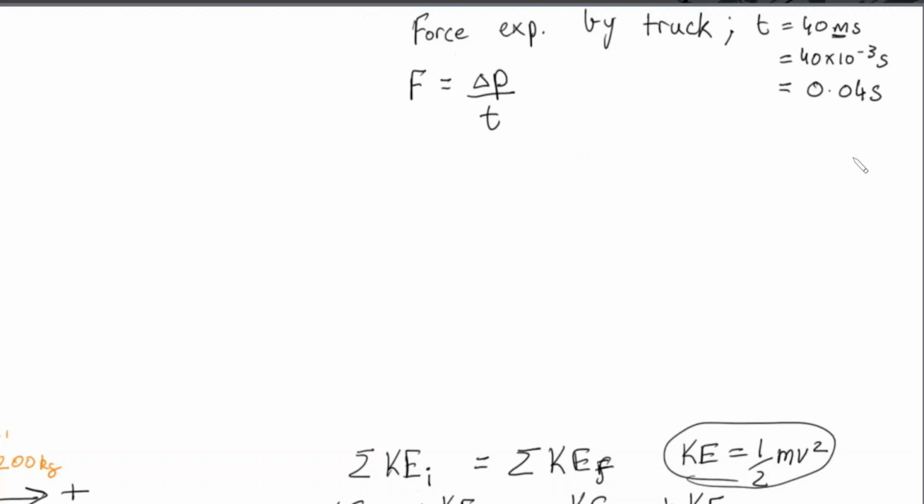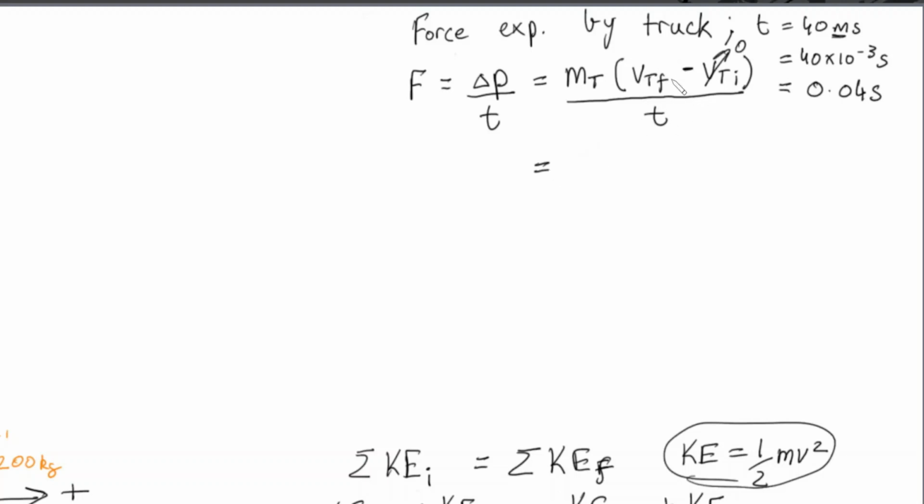Now let's go ahead and look at the change in momentum for the truck itself. So we've got the mass of the truck multiplied by the final velocity of the truck, so VTF, minus the initial velocity of the truck, which is VTI, and that's divided by our change in time, which is T. We know that the truck was initially stationary, so it had no velocity, so that'll be a 0 term.